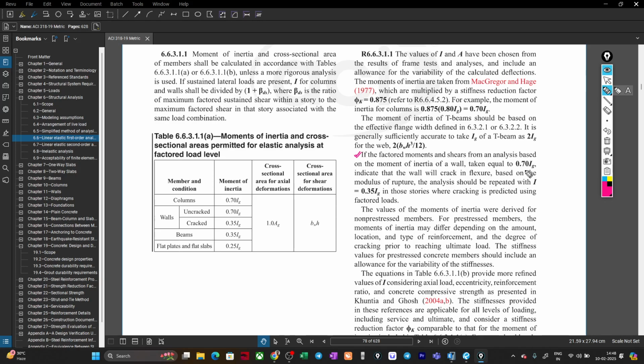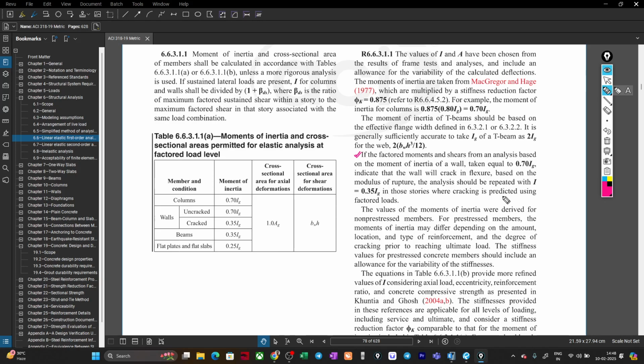That means 70% of the total moment of inertia we should consider, and then we should cross-check whether this particular section under the factored loads indicates that the wall will crack in flexure. Obviously, when we have applied some load, whether in plane or out of plane, there will be deformation, and we need to check whether it is cracking under flexure based on the modulus of rupture.